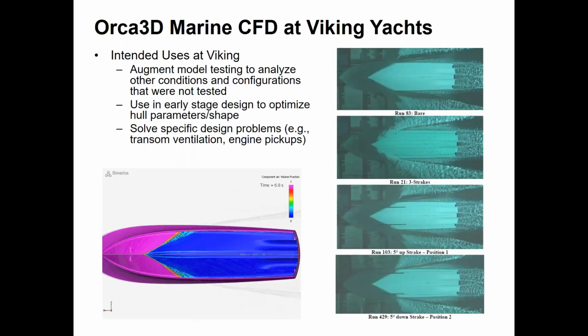So here, those four shots on the right are underwater photos from the tank, and each one of those models is slightly different. In order to do that at the tank, that requires physically changing the models on the carriage, and it takes time, whereas in Rhino, all you need to do is just model those changes.